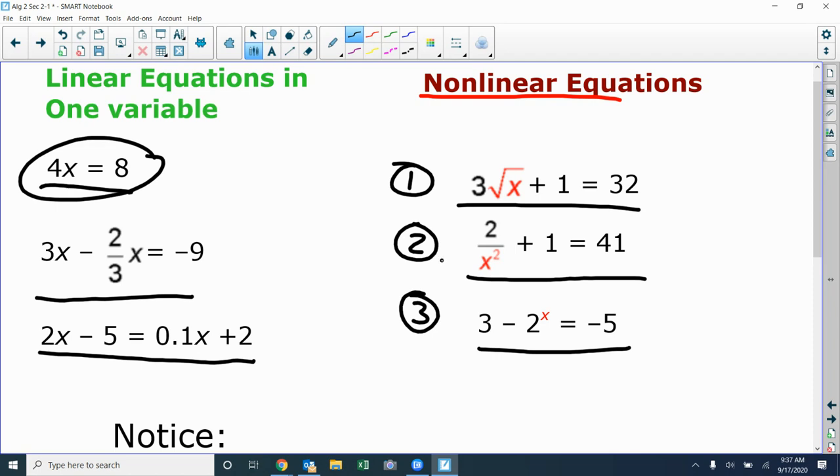X is in the denominator over here, which makes it non-linear. Decimals are fine. Just a couple of visuals of linear equations with one variable. Everybody okay there?